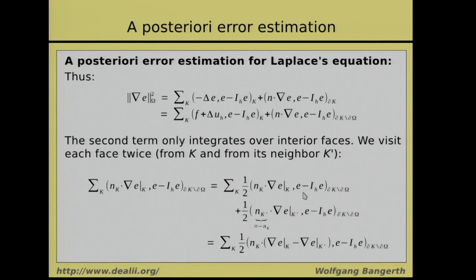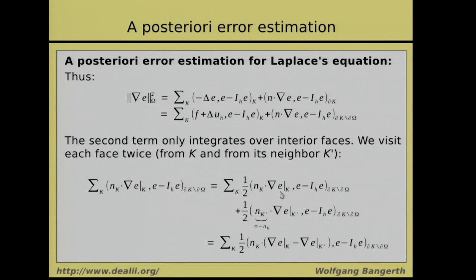This term, e minus IHE, that remains the same because e is a continuous function, or let's say it's an H1 function. You can think of it as continuous. The interpolant is also continuous, so whether I evaluate this from K or from K prime is going to be exactly the same, okay? But it's important to remember that the gradient of E is not a continuous function, right?